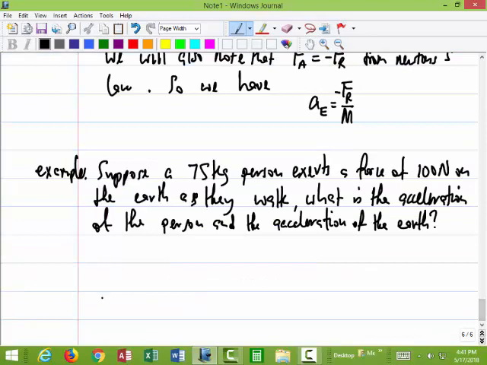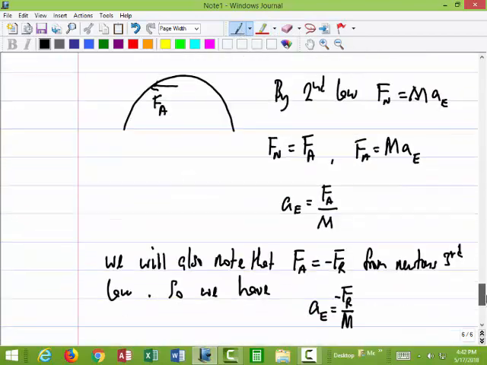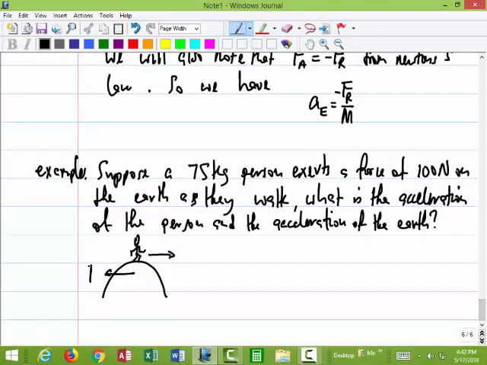So we can draw this scenario again and say that this is a person walking on the earth, and this person applies a certain force to the earth as they walk. They said this force is equal to 100 newtons. So this force was our action force. So we say this is the action force, and this is the reaction force. And the action force, which is the force the person exerts on the earth as they walk, is 100 newtons.